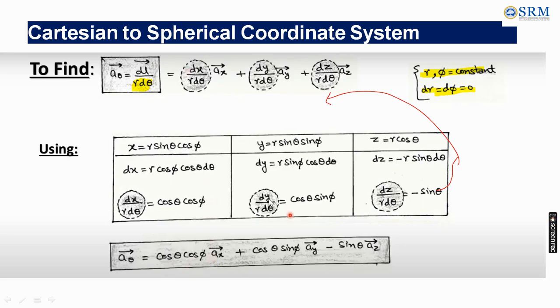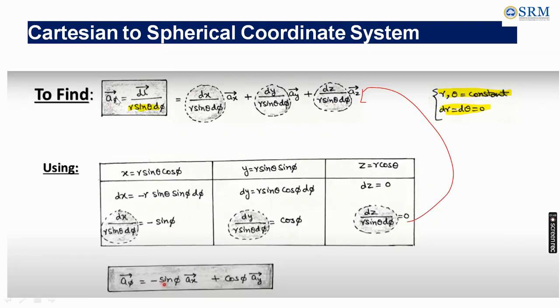In case of y, if I differentiate y with respect to r d theta, the sine theta becomes cos theta and sine phi remains the same. And if I differentiate z with respect to r d theta, the r gets cancelled and the differentiation of cos is minus sine. So substituting all the above in this equation, we will get the unit vector a theta cap.